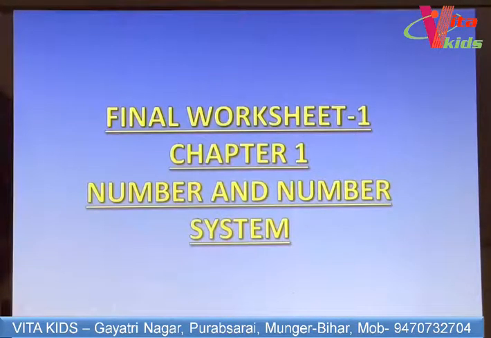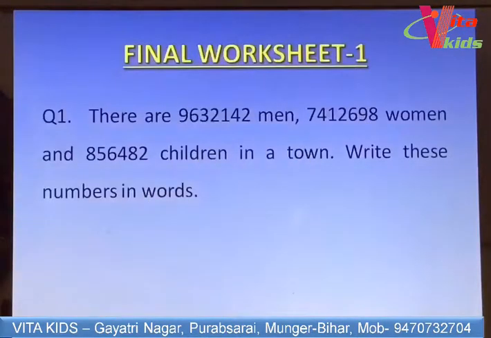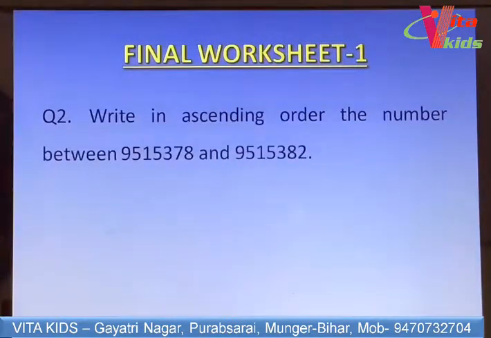Final worksheet for you, which is based on the entire chapter, Numbers and Number Systems. Question number 1. There are 9,632,142 men, 7,412,698 women and 856,482 children in a town. Write these numbers in words. Question 2.